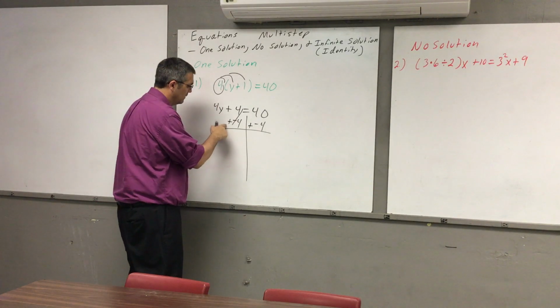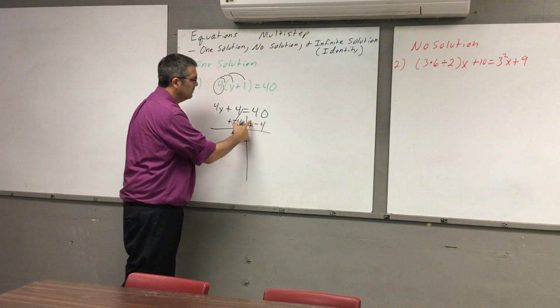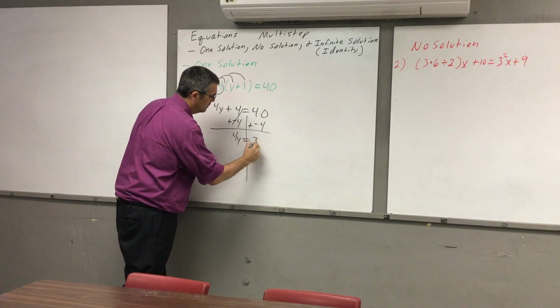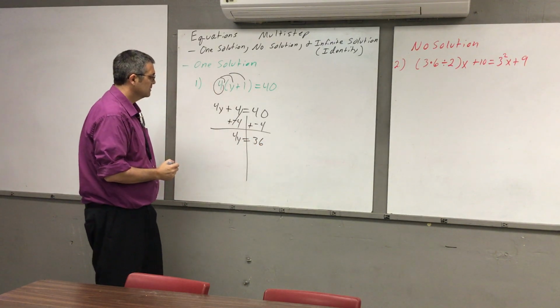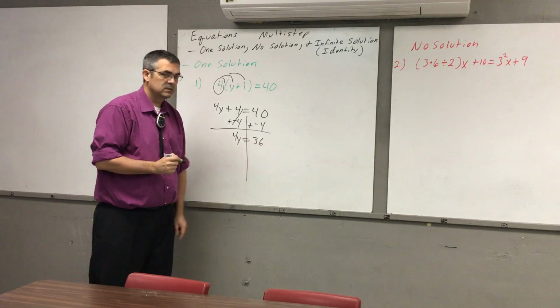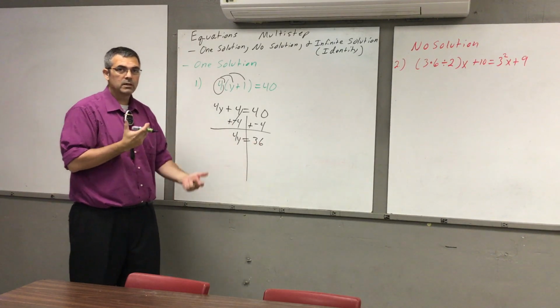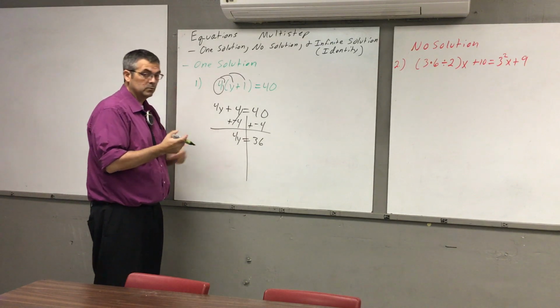So now I just have this, and I'm going to bring this down. 4y equals 40 plus -4, subtract, keep the sign of the bigger number, gets me 36. But now I have 4 times y equals 36, and I'm going to use the opposite operation to undo this. The opposite operation of multiplication is division.